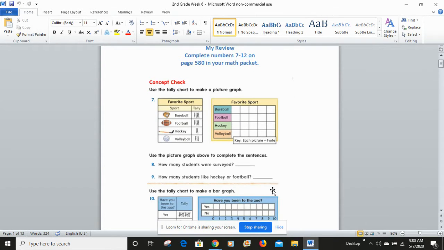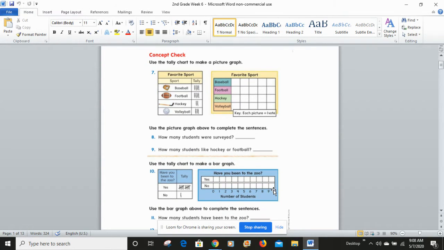So, on this page, this is page 580 from your workbook or from your packet. And you can see that they're talking about a couple things on this page. The first thing they are looking at is the tally chart. There's a tally chart here for favorite sport, and there's a tally chart here for have you been to a zoo.